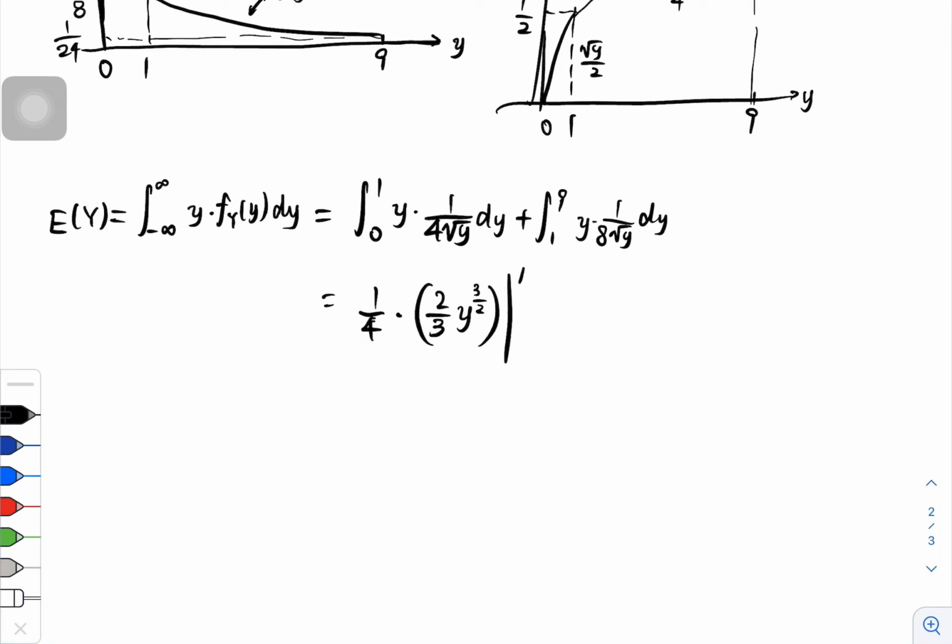This ranges from 0 to 1, and this ranges from 1 to 9. The final answer is 7/3.